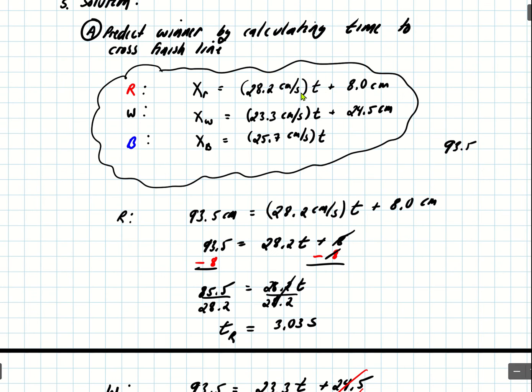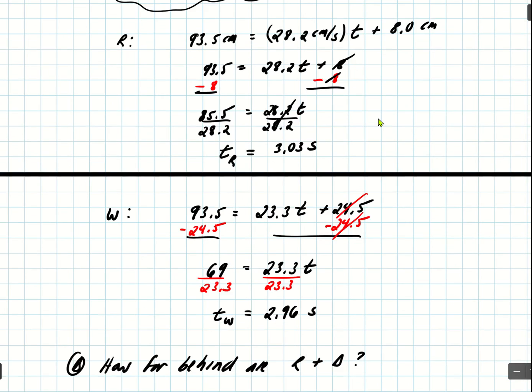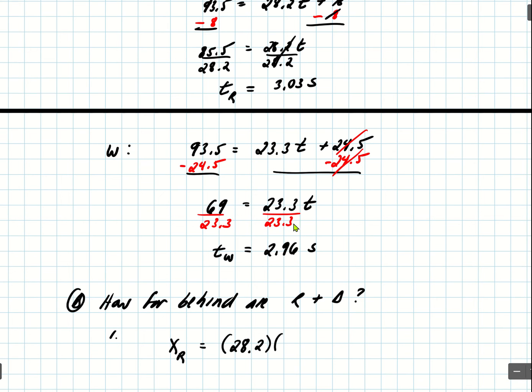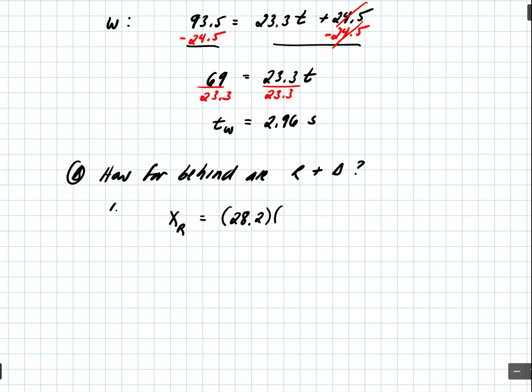There's 28.2 and 8, right? So 28.2 times the winning time, 2.96 seconds. And then it started at 8 centimeters.